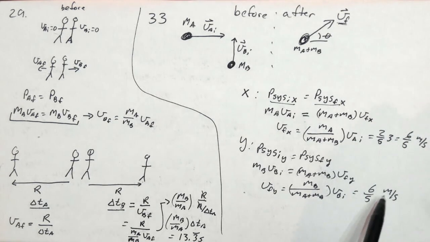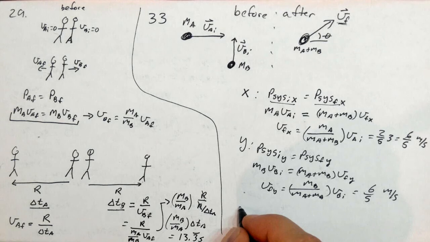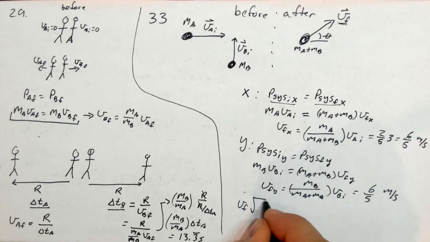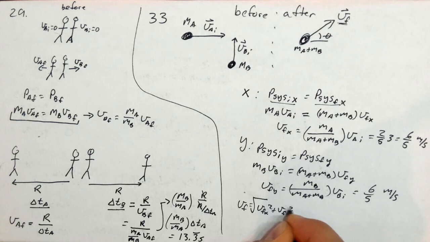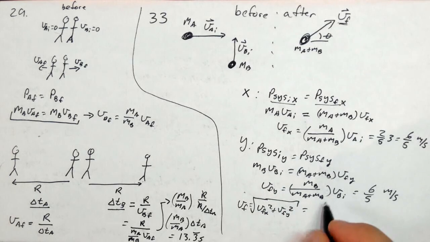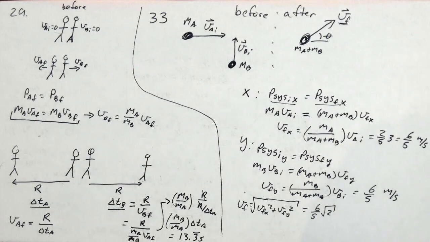But now we have the two components of velocity, and now we can find the final velocity as a vector. As we've done many times before, V final in magnitude is equal to the square root of V final x squared plus V final y squared, which is going to be equal to 6/5 square root of 2, since they have the same amount.